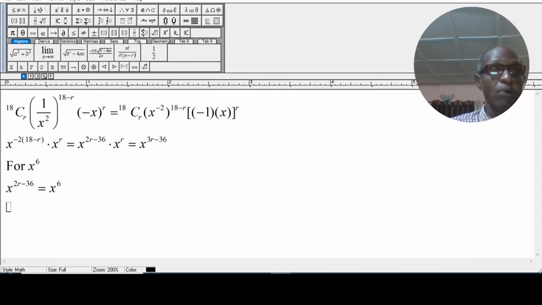So equate the powers. You can say 2r minus 36 is equal to 6.